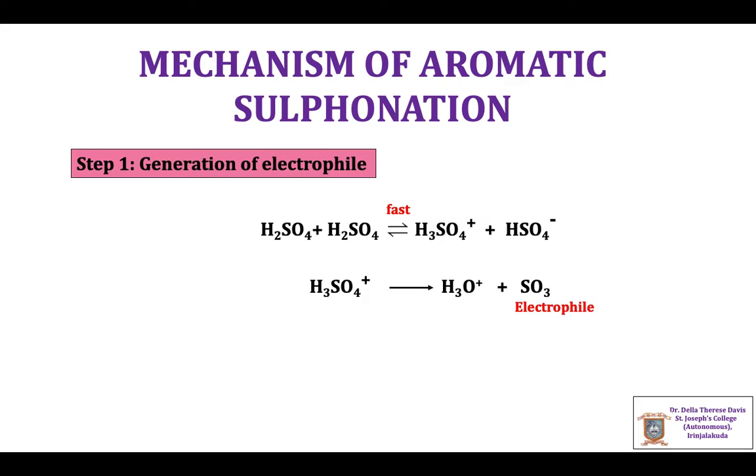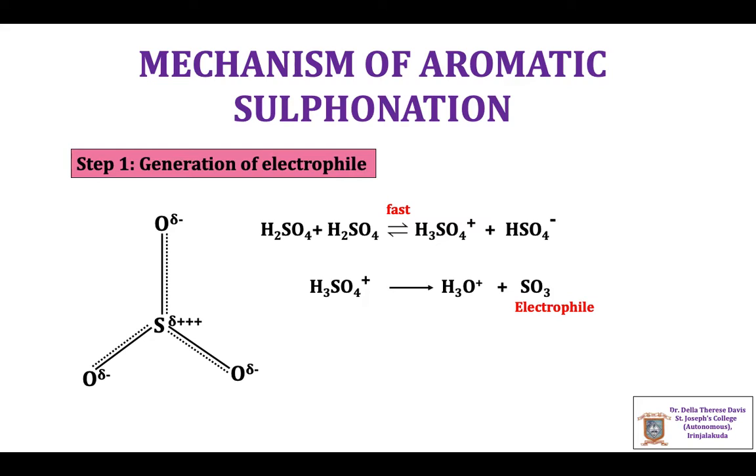In the previous cases, the electrophile carried a positive charge. Here SO3 is a neutral molecule. In SO3, the sulfur is attached to 3 oxygen atoms and the oxygen atoms are highly electronegative.